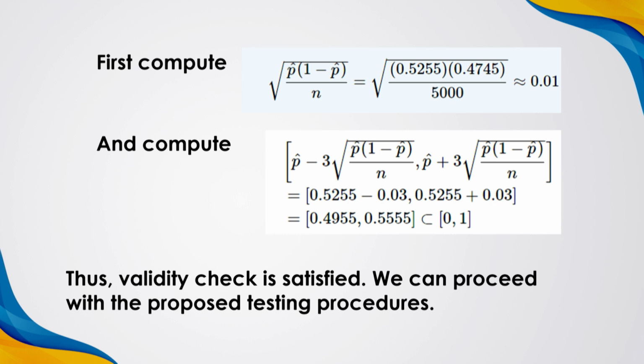The value is 0.4955 comma 0.555, a very narrow interval. This is clearly contained in the interval 0, comma 1. Thus, the validity check is satisfied. We can proceed with the proposed testing procedure.